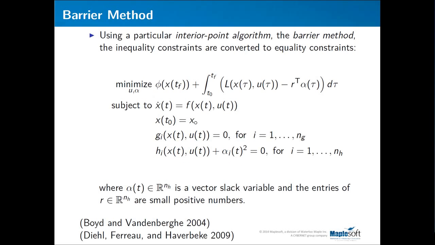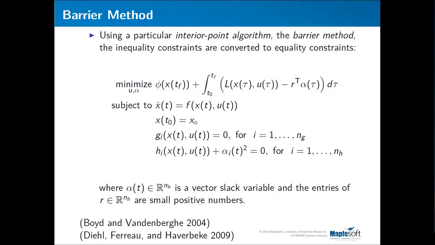Solving an optimization problem with inequality constraints is not easy because of the complexity of the optimality conditions known as KKT conditions. In this case, we use a particular interior point method known as the barrier method to convert the inequality constraints to equality constraints.